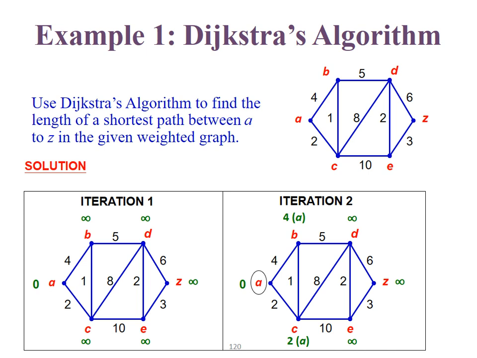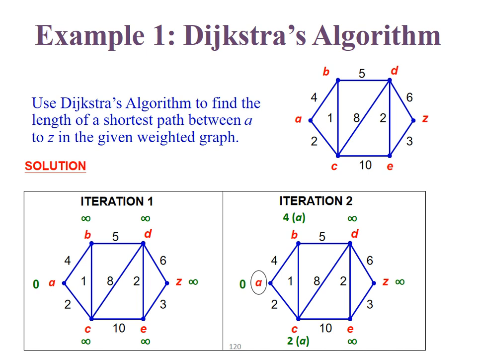This is an iterative algorithm. Let's see the different iterations and how we discover the shortest path. Initially, we know the initial vertex is A, and the end vertex is Z. So initially, we set the path length to infinity for every other vertex, because now we are not traveling yet and we don't know the length of the path.